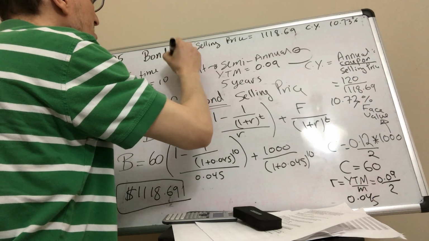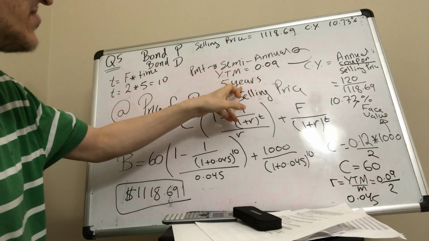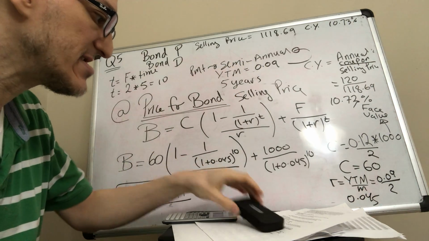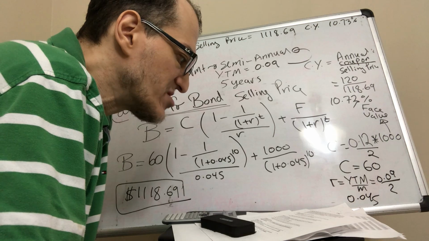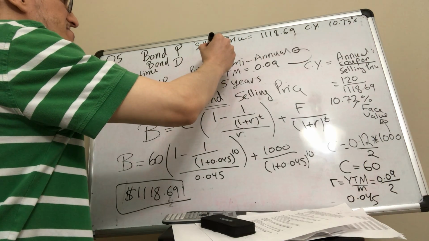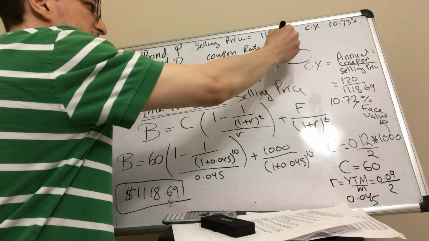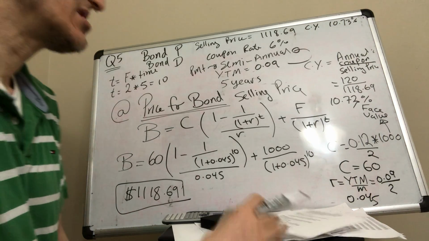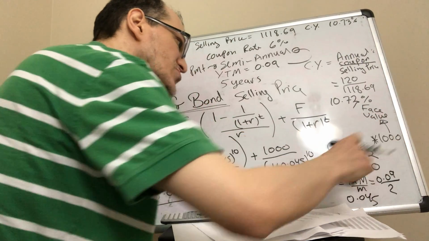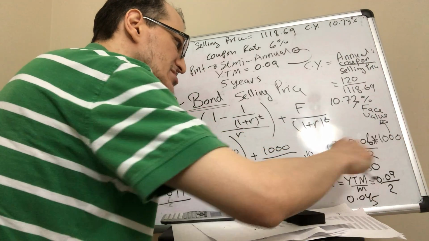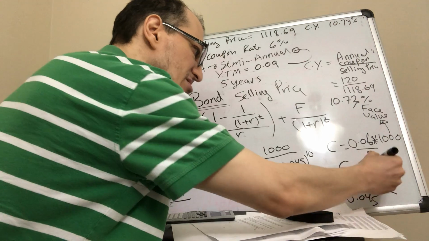Now for the other one, everything the same. Semi-annual, 5 years, YTM 9%. Only difference is 6% coupon. So the coupon rate is 6%. That would change this from 12% to 6%, making this, instead of 60, 30.